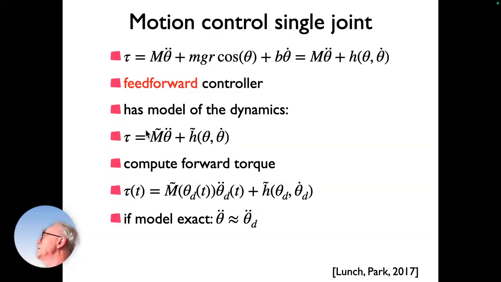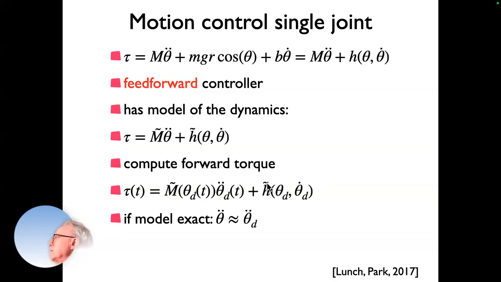So here M tilde is supposed to be the model of the actual physical thing, like the equation I wrote down. And similarly, H is the model here of the Coriolis and centrifugal forces. And then I compute the desired torque to have this shape, and just add that here on that equation. I insert here the desired trajectory.